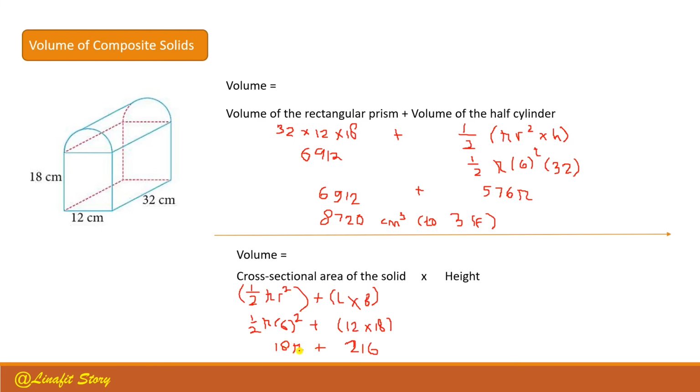So the cross-sectional area of the solid is 18 pi plus 216, times the height of the prism, 32, is equal to 8,720 cubic cm.